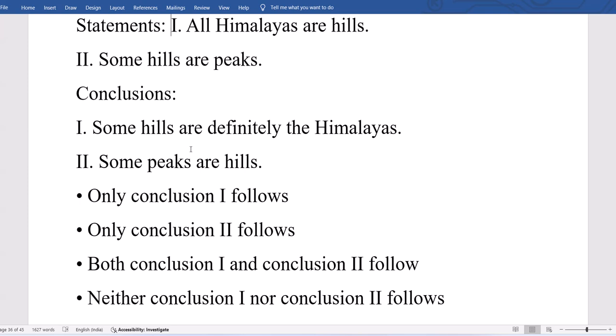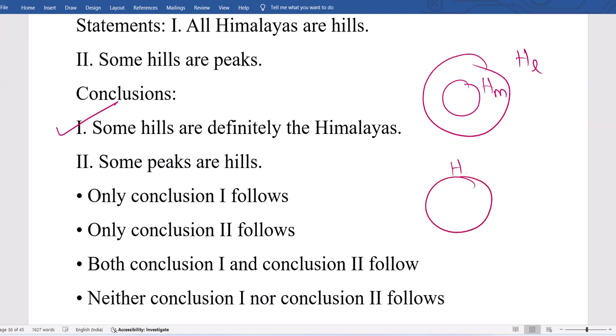Some hills are definitely Himalayas. All Himalayas are hills. Some hills are peaks. Some peaks are hills. The second one is also true. Both follow. Syllogism question. Both follow.